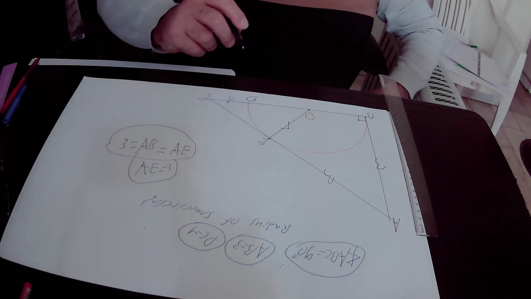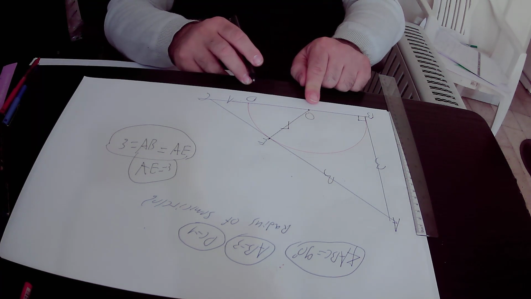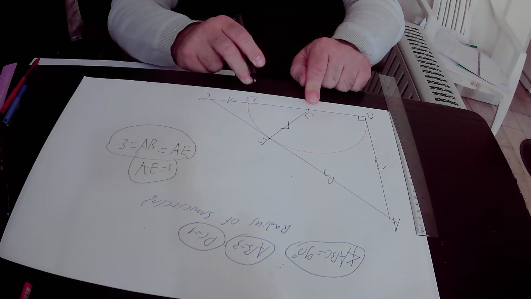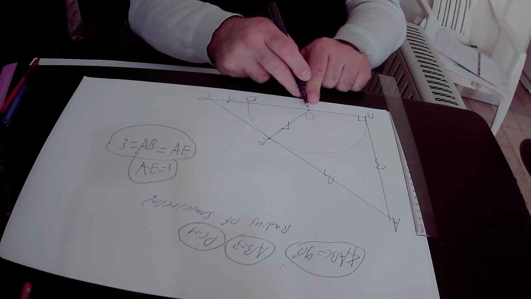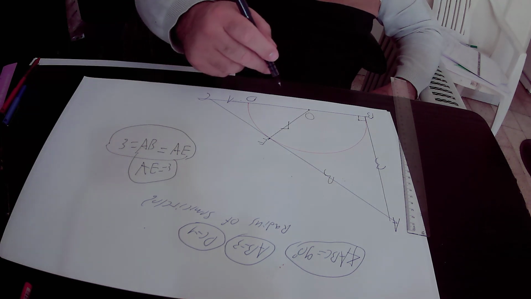And for the same reason, line segment OD is the radius of the semicircle because it starts from the center of the semicircle, point O, and ends at point D, that is a point of the semicircle itself.